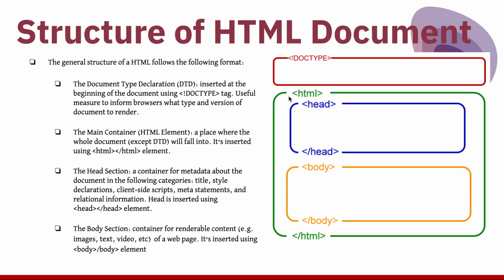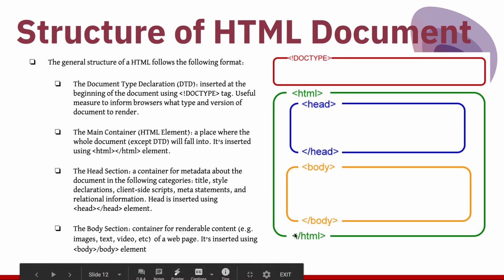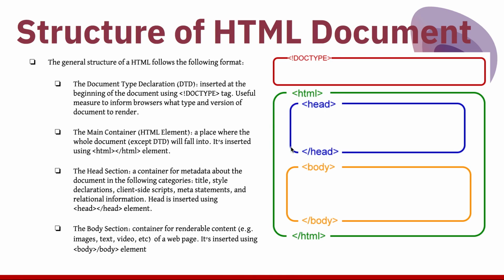The next part is the HTML, or the main container element, that has two children, the head and then the body. The head contains metadata about the web page or the document, and the body actually contains the renderable content. So this is where we end for now.